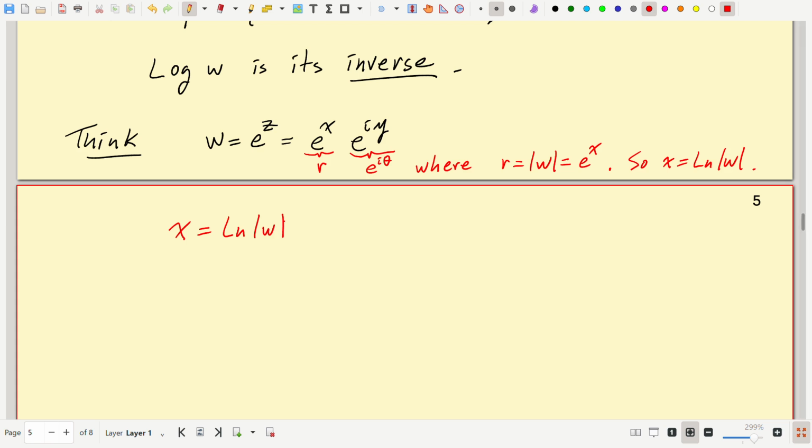And we see that the theta, the y, remember I used a set, is in that set of arguments of w. Okay, there's lots of arguments.